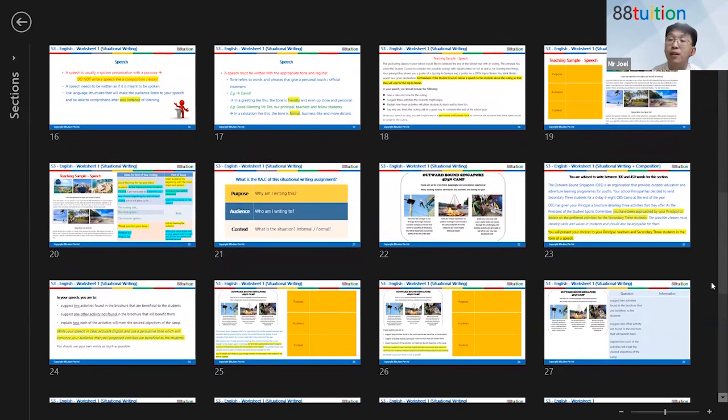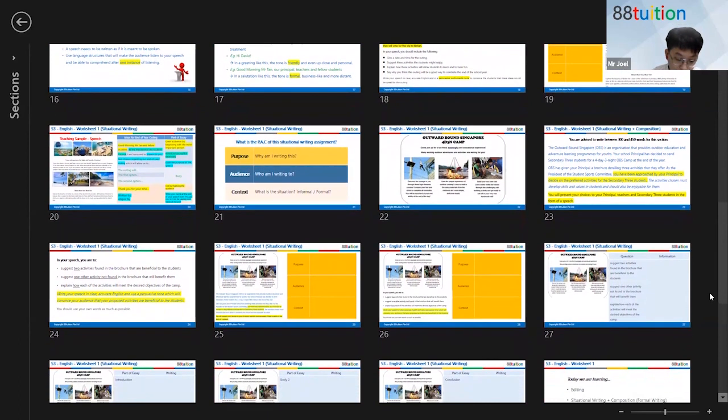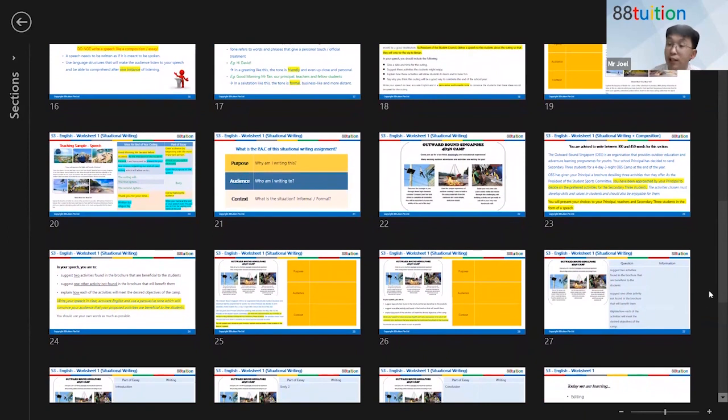Oh, okay. Sorry, T. Yeah, you are right. It's supposed to be the activities, so it's more than one. So you can choose more than one. So suggest two activities found in the brochure that are beneficial, one other activity not found. Explain how each of the activities will meet desired objectives of the camp. Okay, so both of you are right in picking two activities from the brochure and suggesting one additional one. All right, that's good.